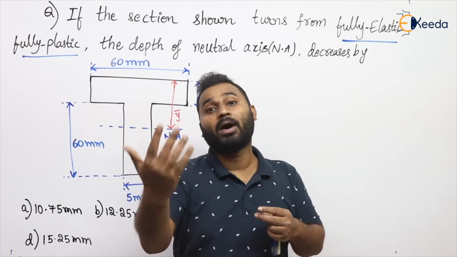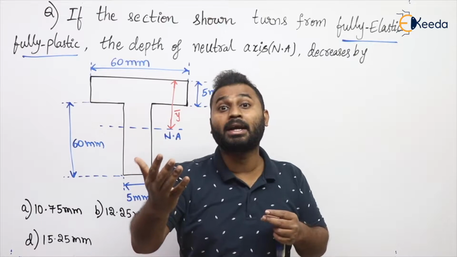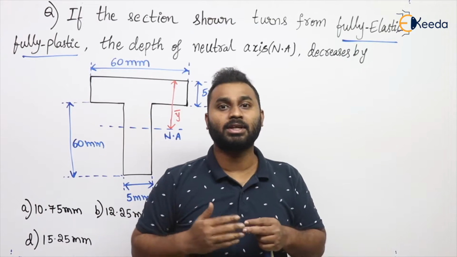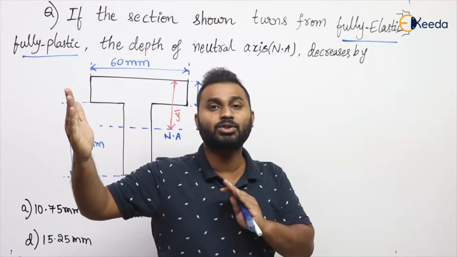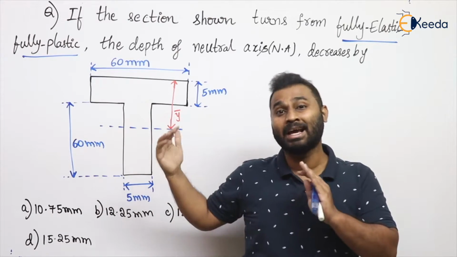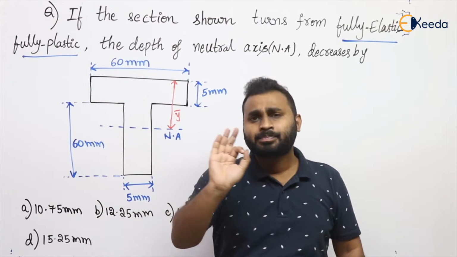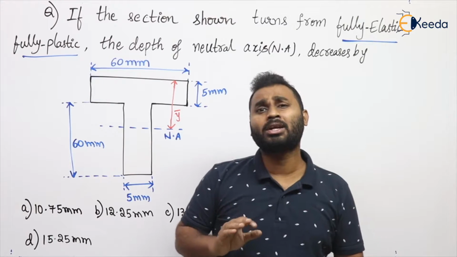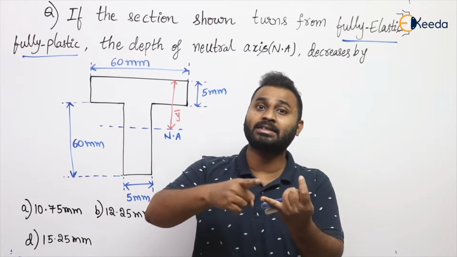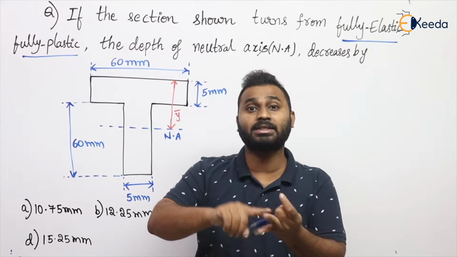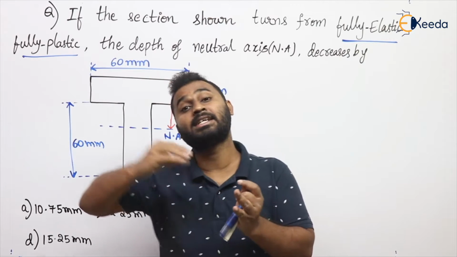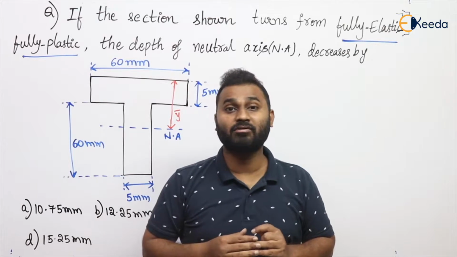But for singly symmetric and non-symmetric cross sections, these two are different, like the T section, triangle, etc. But one should have the knowledge of what is meant by elastic neutral axis and what is meant by plastic neutral axis, which is already dealt with in our theoretical discussion of plastic analysis.